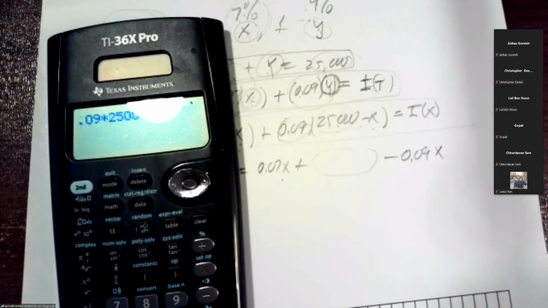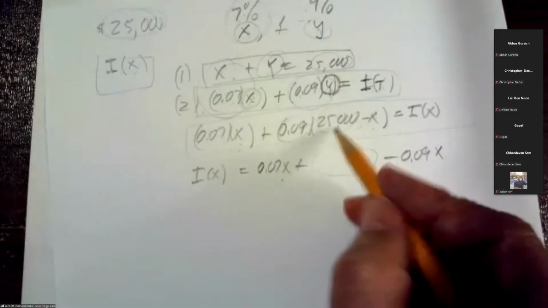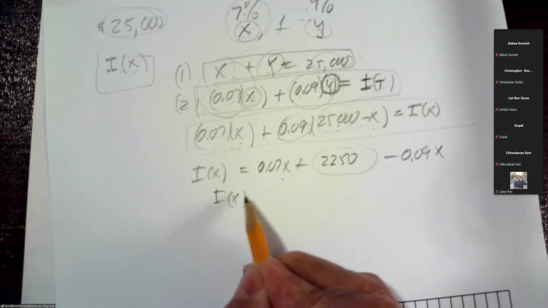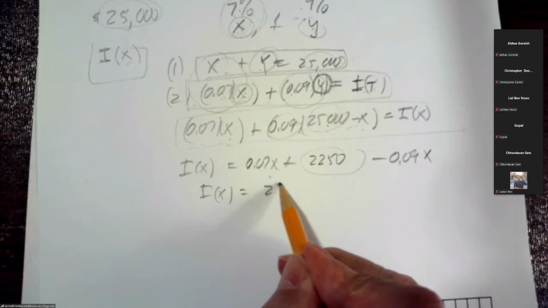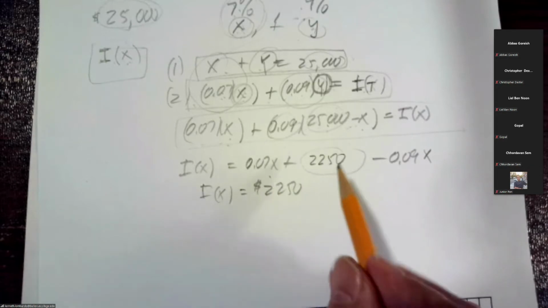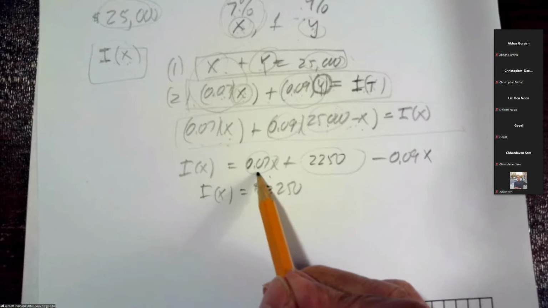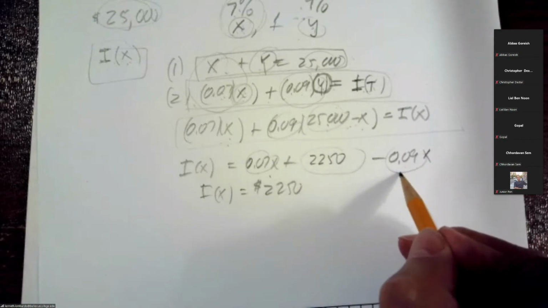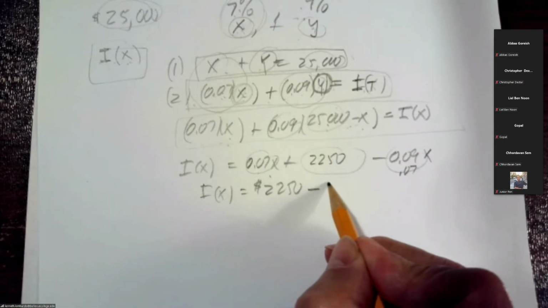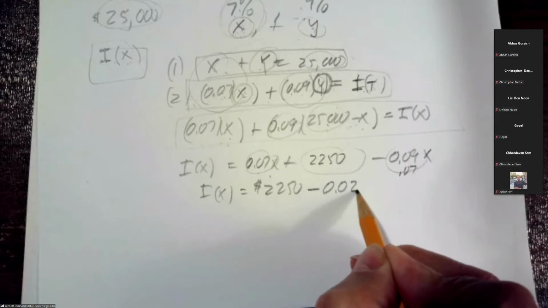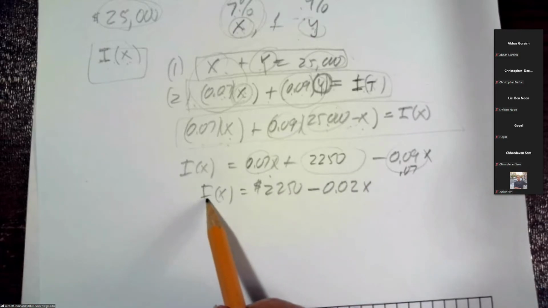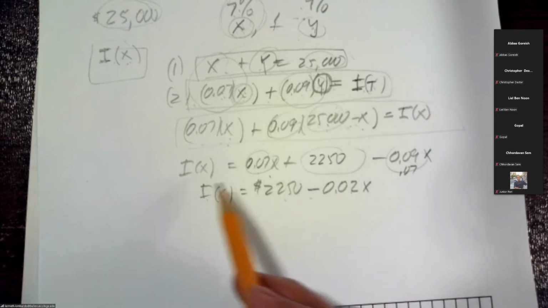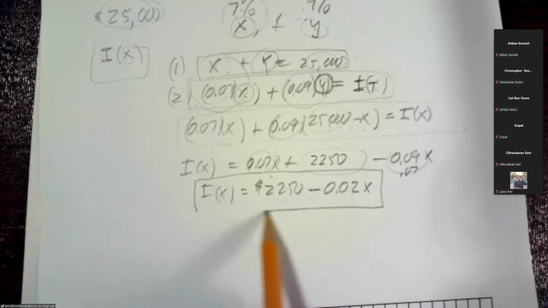Looks like that's 2250. So we just have to do some simplifying here, don't we? 2250, and that's dollars. And then we have 0.07 and negative 0.09, which gives negative 0.02X. So it looks like the interest as a function of just X is 2250 minus 0.02X. That makes sense.